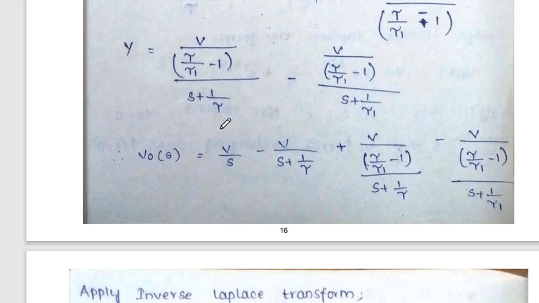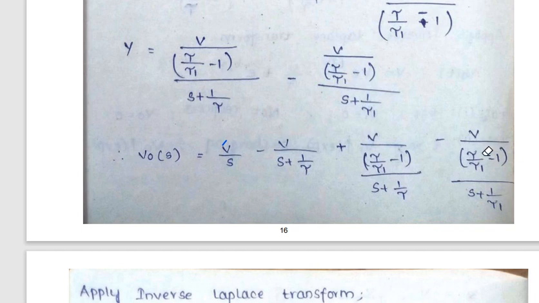Here, this is A, this is B, this is C, this is D. A is V, B is minus V, C is V by tau 1 minus 1, D is minus V by tau 1 minus 1.